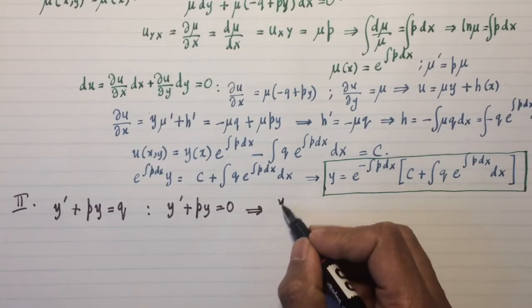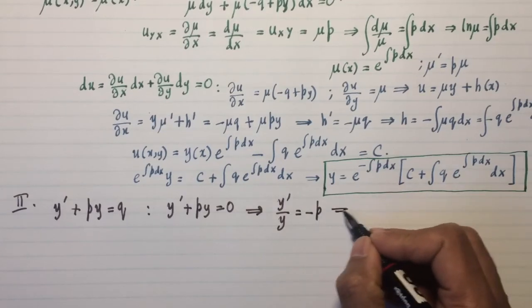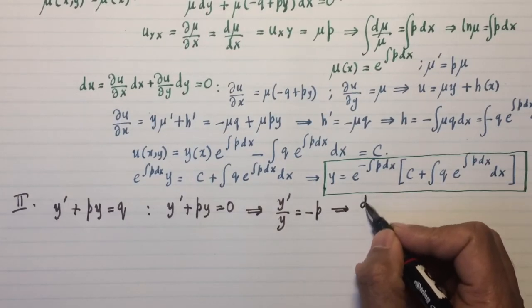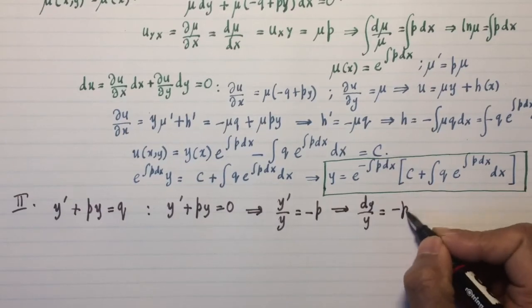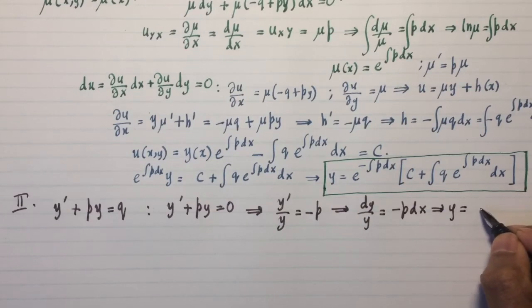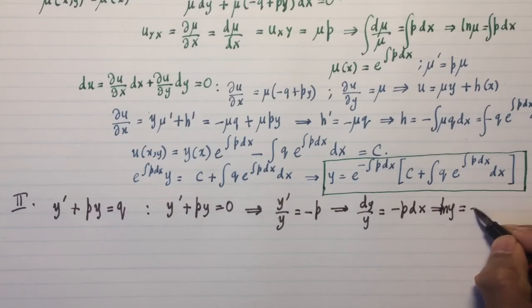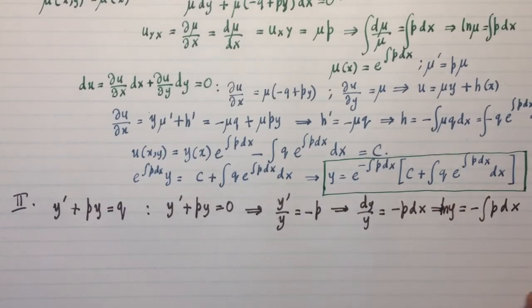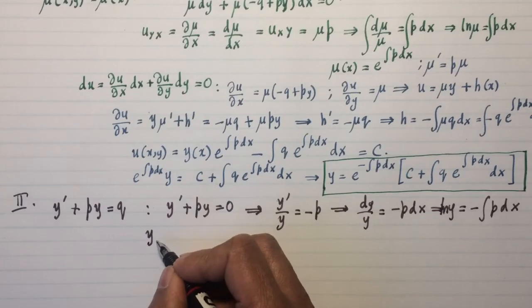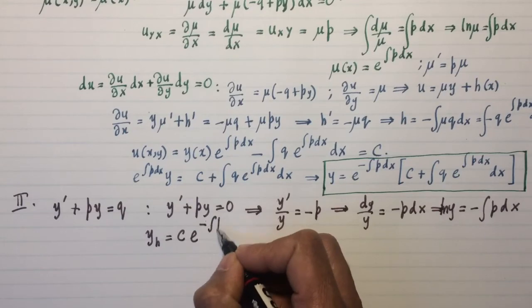So I get y prime over y equals negative p, or dy by y equals negative p dx, or the natural log of y equals negative integral p dx. Now we do need a constant of integration, otherwise this method won't fly. So when I solve for y, I'm going to write y homogeneous equals constant times e to the negative integral p dx.